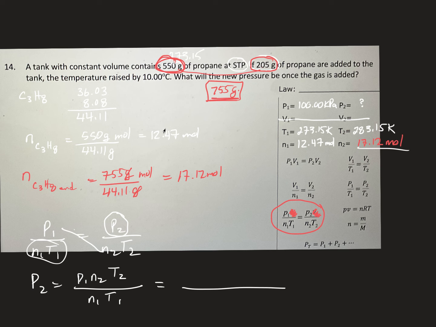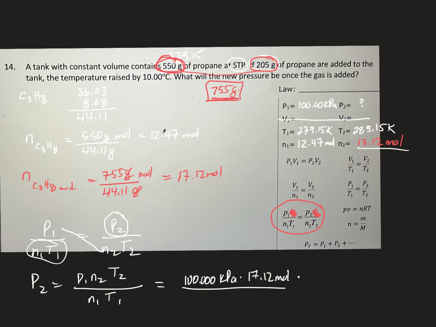Okay, so just plug all your numbers in. I don't think there are any changes that need to happen with pressure or anything. You just plug your numbers in. So pressure is 100 kilopascals. Second moles are 17.12 moles.